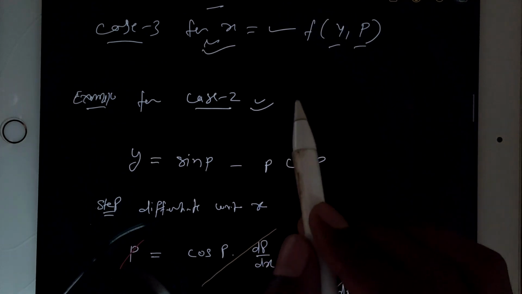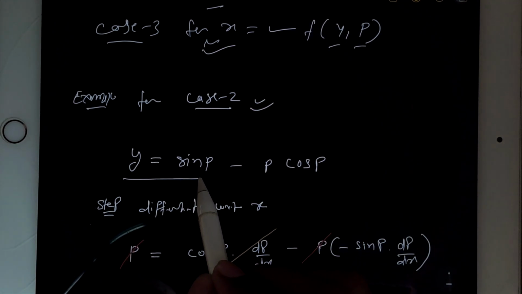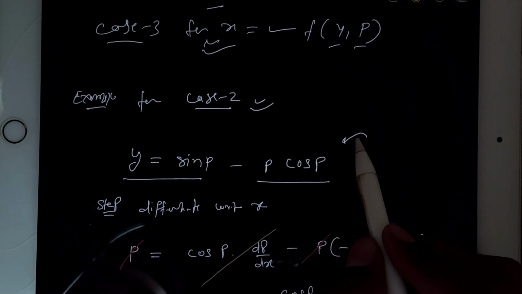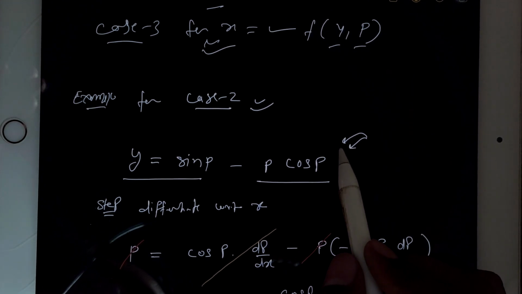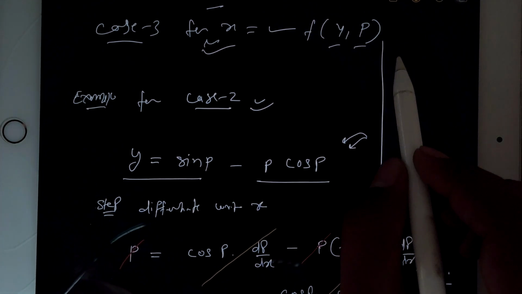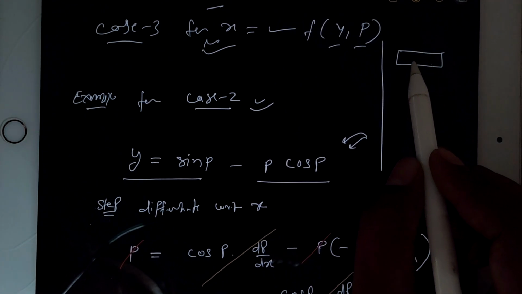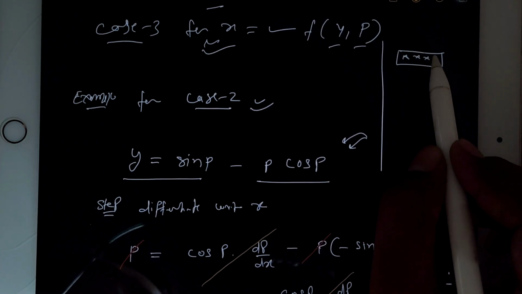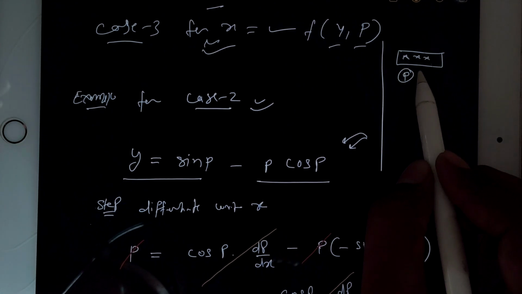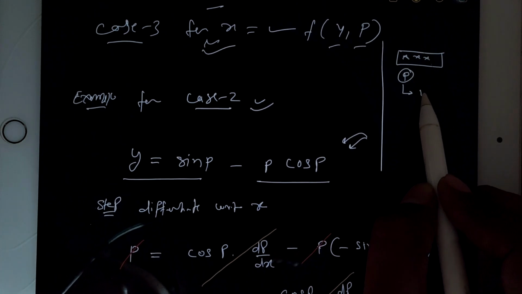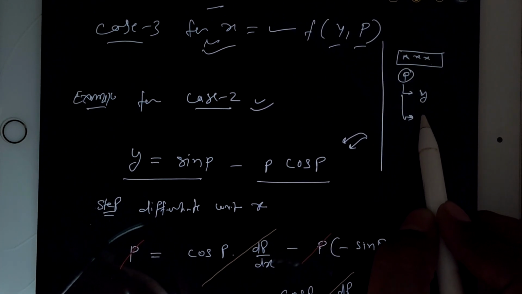For case 2, we will take one example. y is equal to sine p minus p cos p. This is a very good problem to understand these kinds of problems. So first you understand the step. Any question will be given, and in that question it's not visible properly that it is solvable for p. So you have another criterion. It can be solvable for y or it can be solvable for x.